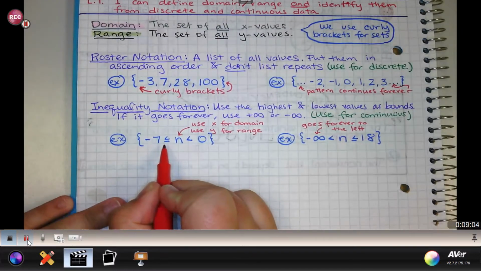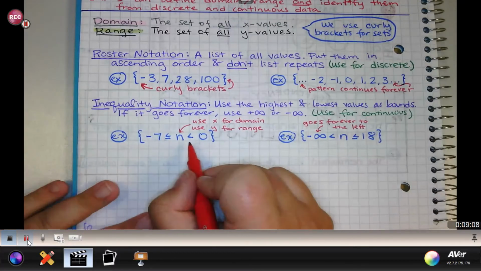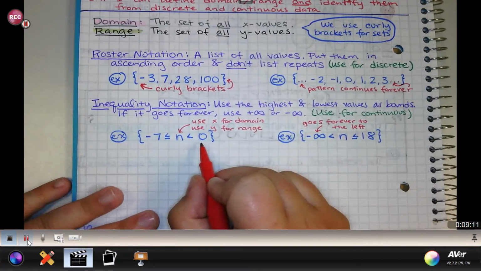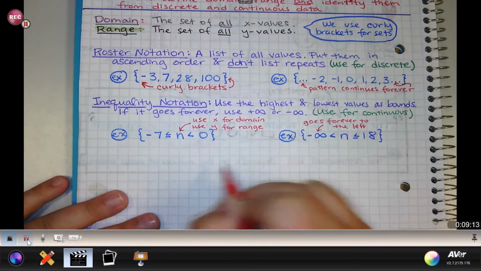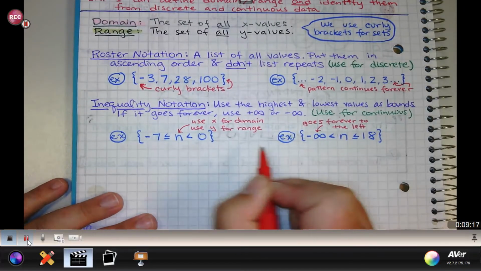You'll always use this unless two scenarios. And the two scenarios are when there's an open circle on a graph, or it goes forever, or you use positive or negative infinity.